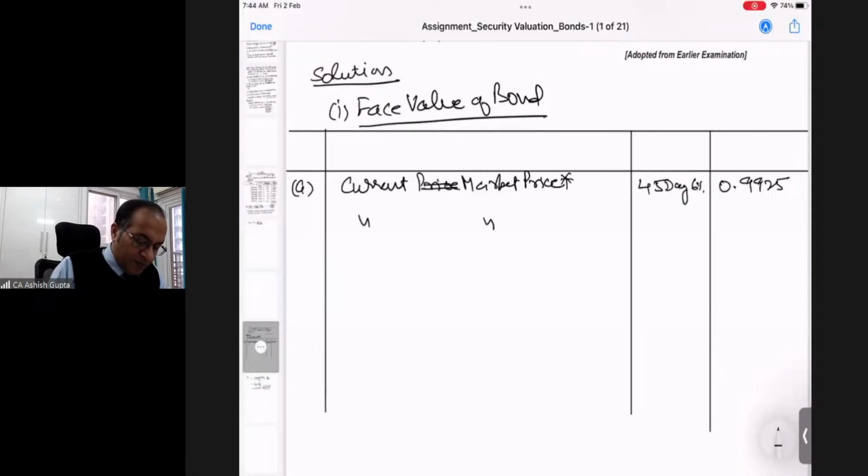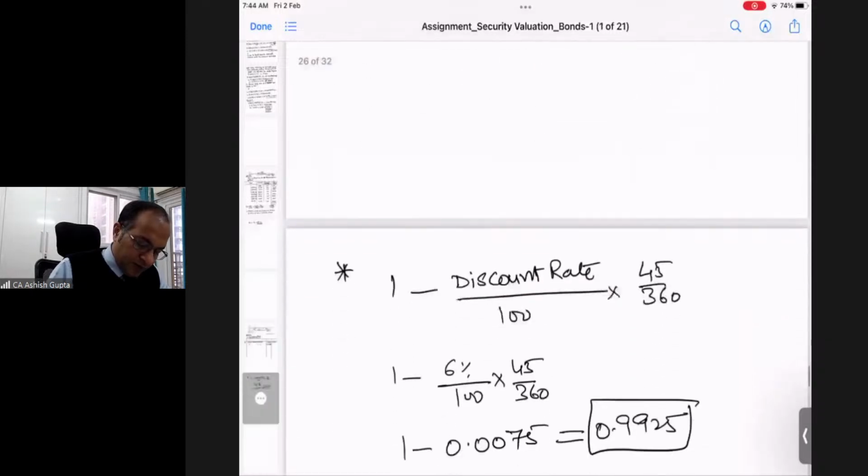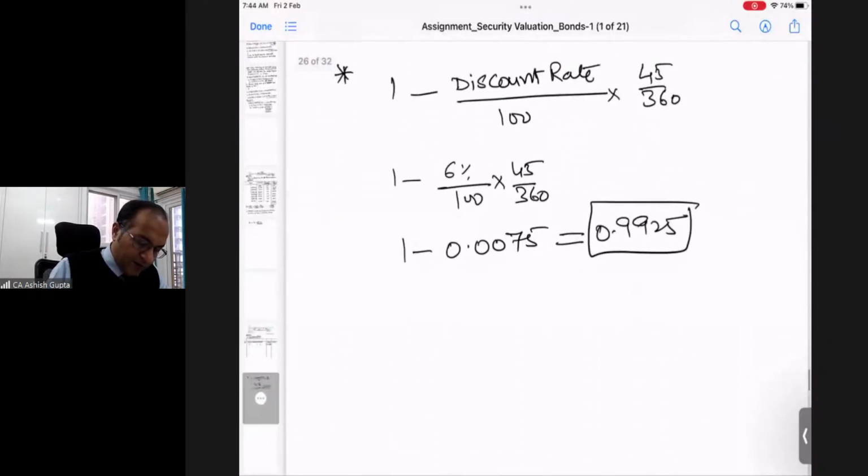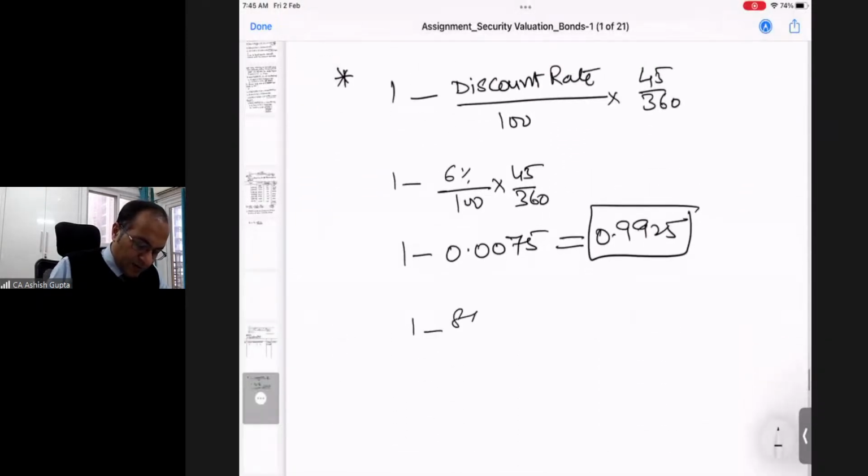Now the current market price for 45 days at 8%. Accordingly, I calculate the same. Here my discounting rate is 8%.